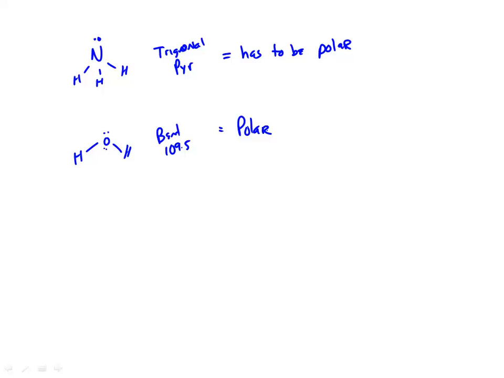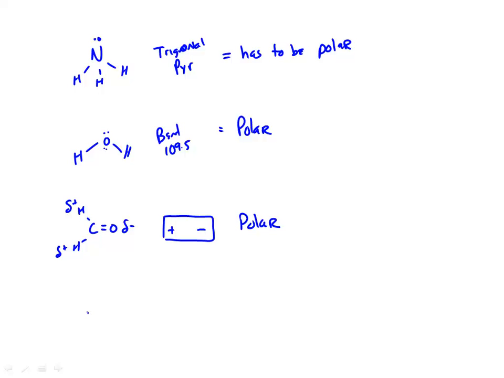So there are some trends you can figure out. So really, the one that's tricky is if it's tetrahedral or not. And then if you look at bent 109 or bent 120, that's this. Well, this is positive, that's partially negative. That certainly looks like that. And so in this case, it's polar.